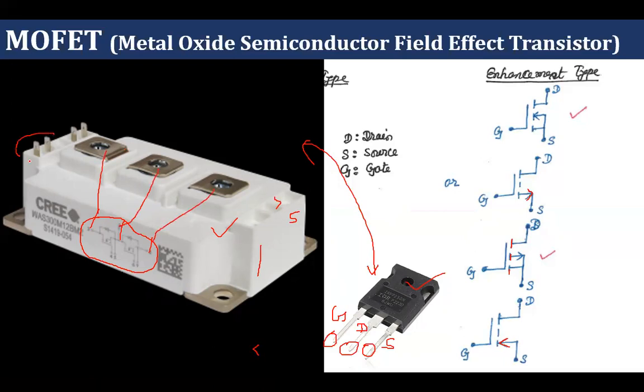And here, since it is having two MOSFETs, two gate voltages are required. So we are having two different connections to supply the gate voltage to these two devices. So this is the power module. It can carry a very large amount of current and voltage, and that's why it is known as power module.